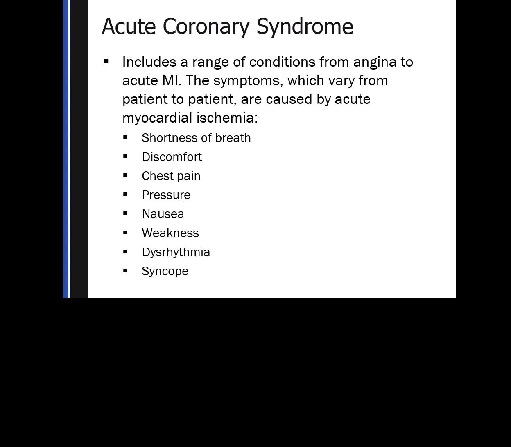Now, again, when you've seen one person having an MI, you've seen one person having an MI. Patients' discomfort can range from all different types of things, from pain to pressure to nausea to vomiting to shortness of breath to weakness to dizziness to anxiety.